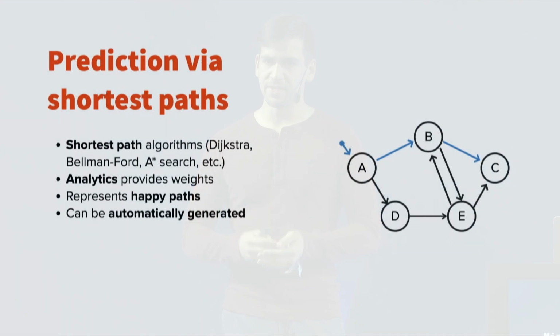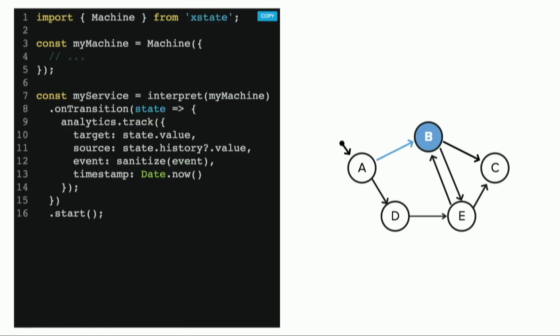Shortest paths can also help us with prediction because we can't just look at each path in isolation. Instead, we could use weights to help us determine which paths the user is more likely to take. For instance, in XState, in the onTransition method, you could track how the states are going to transition, and you could determine the target, the source, the event, and the timestamp, and feed all of that information into analytics, whether you're using Google Analytics, Kissmetrics, Segment.io, things like that.